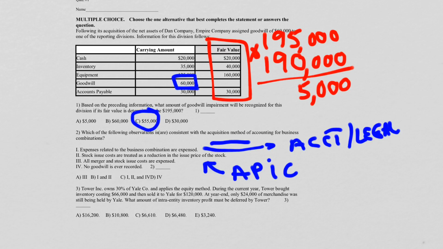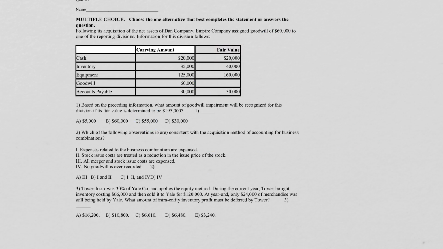Think about the entry. The entry works like this, that you are debiting the purchase price or the investment account. You're crediting the common stock that you gave out and the paid-in capital.